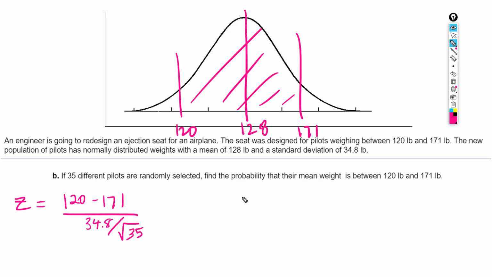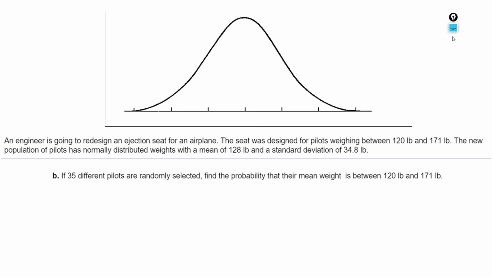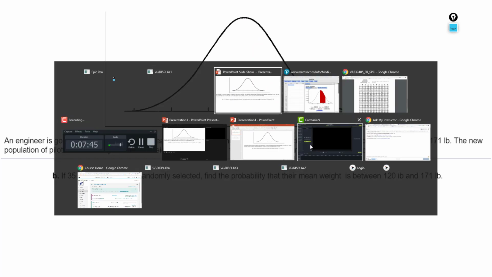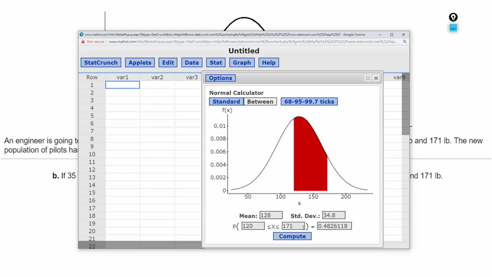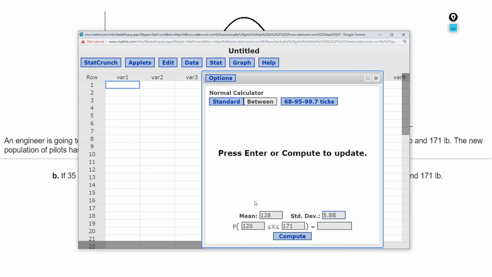And again, if you wanted to just use StatCrunch, you could, you just have to be careful because what changes is your standard deviation. So pick up a calculator and type 34.8 divided by the square root of 35. And what you would expect to happen is your standard deviation gets smaller.